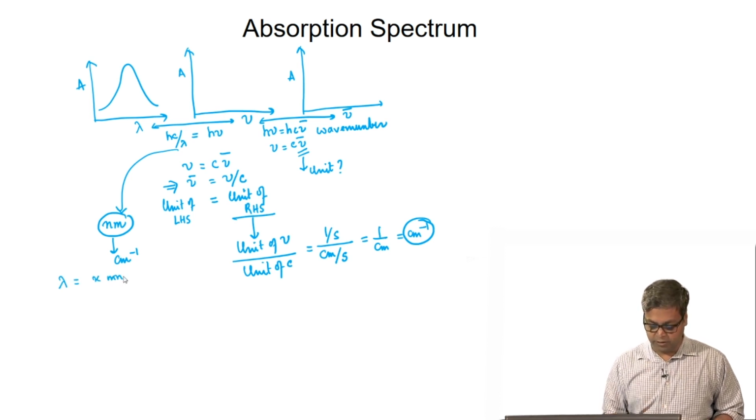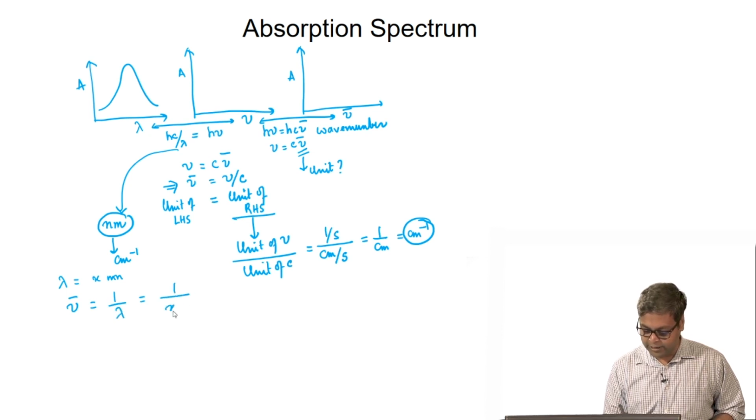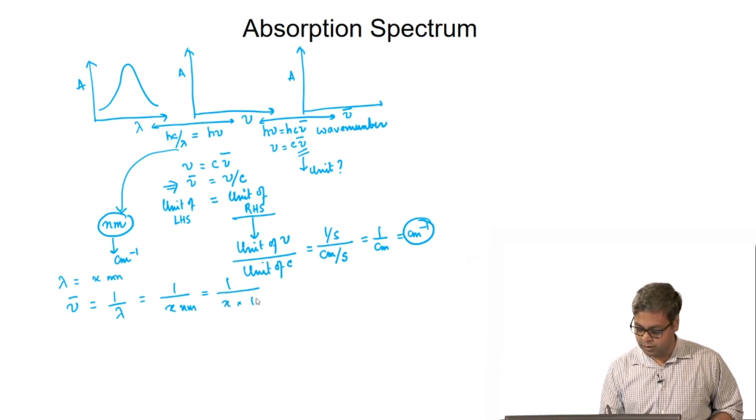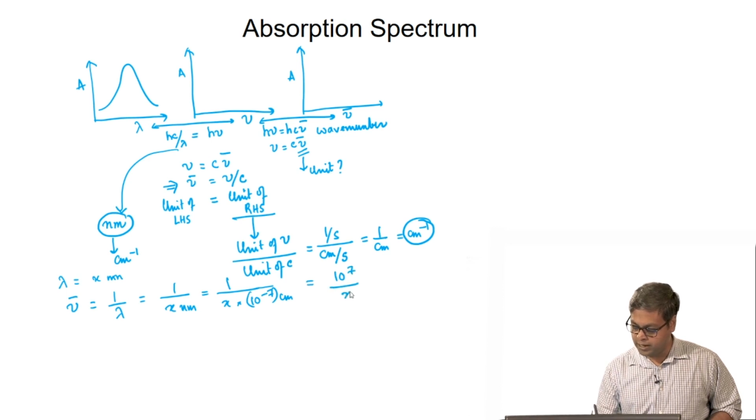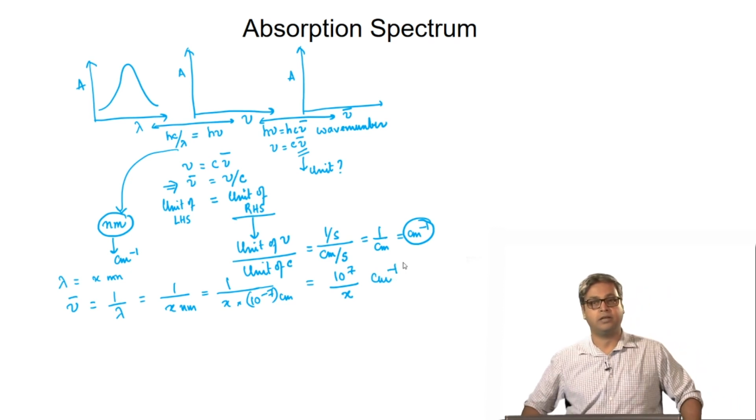In centimeter inverse, the wave number will be 1 by lambda, that is 1 by x nanometer, that is 1 by x times 10 to the power minus 7 centimeter, equals 10 to the power 7 by x centimeter inverse.